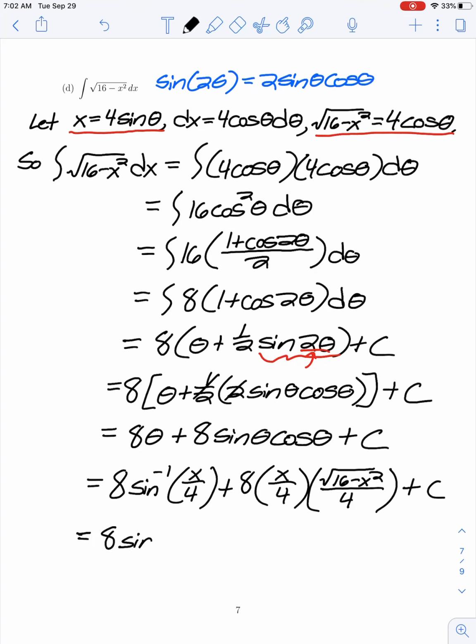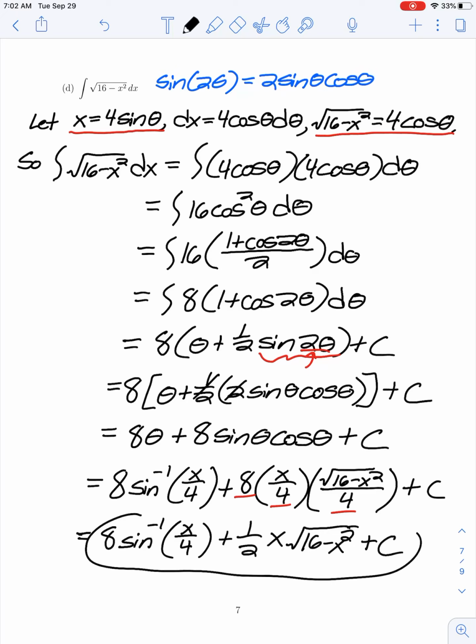So simplifying a little bit, I've got 8 times arcsine of x over 4, plus, grouping our constant terms, well, we have 8 divided by 4 times 4 is 16. So 8 over 16 is 1/2 of, we had an x times the square root of 16 minus x squared, plus c. All right.